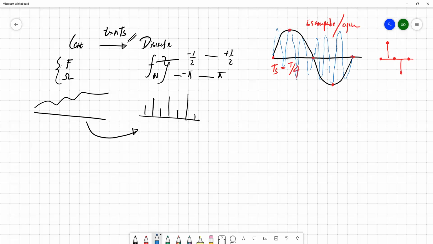So what I want to highlight here is there is another signal having a higher frequency than this signal, which is highlighted in black. So this blue signal is having a higher frequency, and again we pick the samples at this point for the blue signal as well.